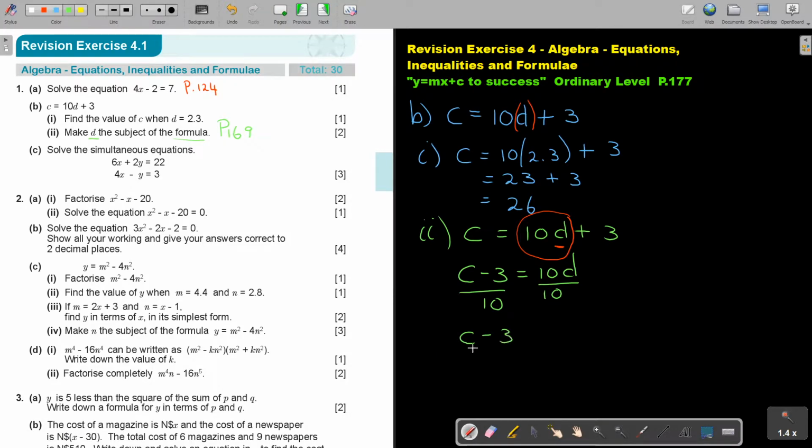I'm just doing it a little bit longer. But usually we write the subject first, so I'm just swapping the sides now. C minus 3, and that is over 10. If somebody is writing C over 10 minus 3 over 10, that will also be correct. Okay, let's move on. Number C.